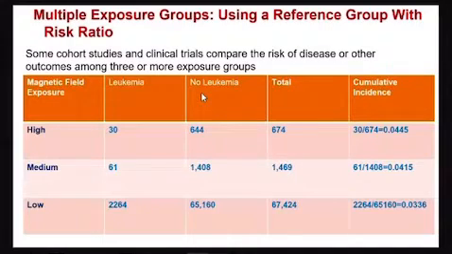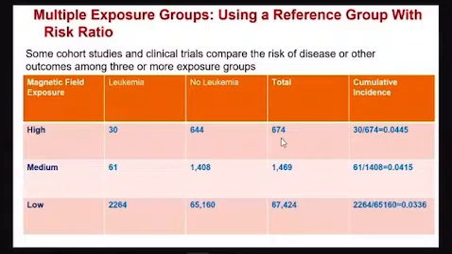So the levels of outcome here is 2, the development of the disease or no disease. But the variable that represents the magnetic field exposure has 3 levels: high, medium, and low.